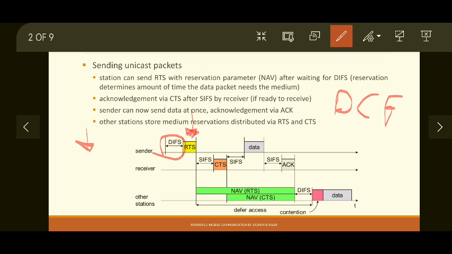When receiver receives it, it waits for SIFS amount of time and responds back with the CTS, that is clear to send, if it is ready to receive. Okay, if it is not ready to receive, it will not send the CTS. One another thing that is done by the sender, which is important for other stations, is that when it sends the RTS, it sets the NAV.